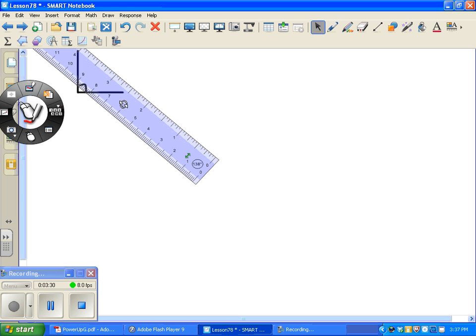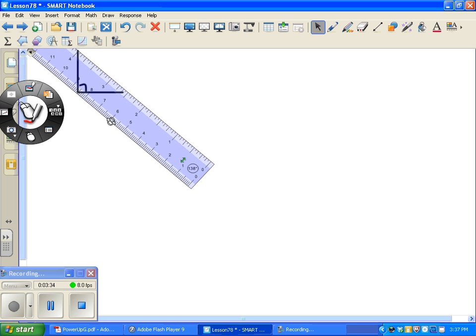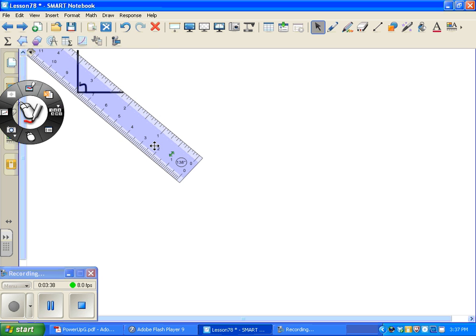And that may be hard to do. Let's see. Okay. And now if I measure this side, if I take a look at it, I didn't mean to flip it. Okay.